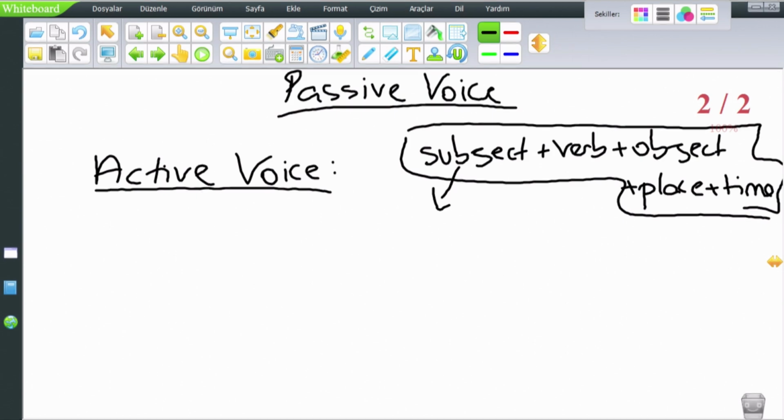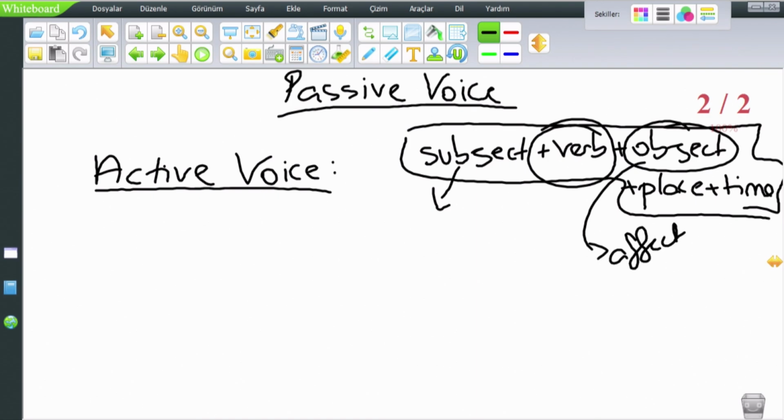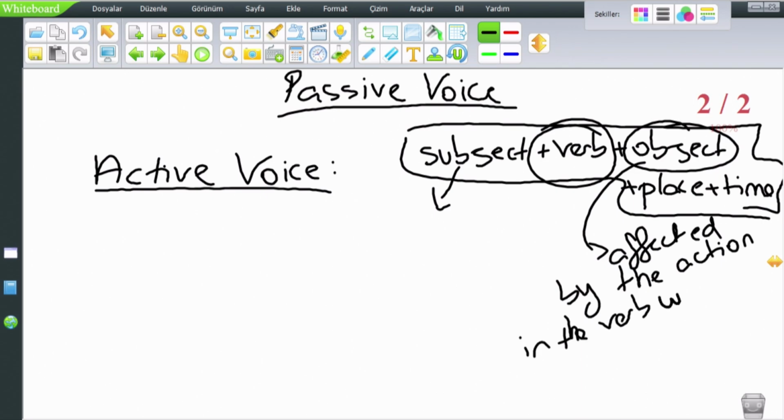If we want to look closer at the figure of speech of these sentences, subject is actually the person or the thing that makes the verb happen, and object is the thing that is affected by the action in the verb, which is done by the subject.